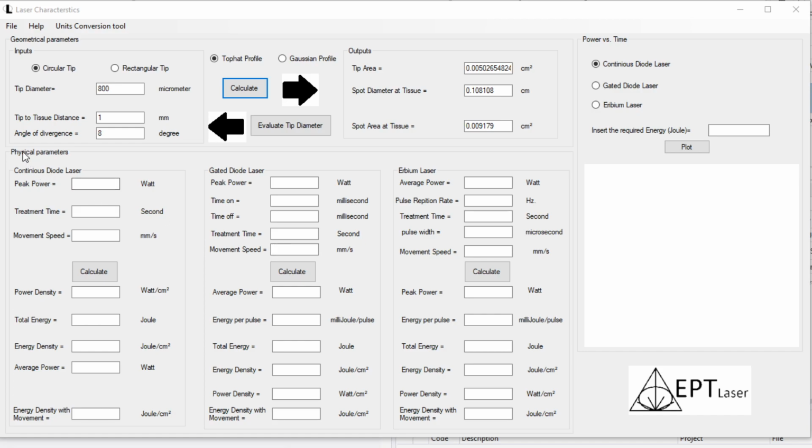The second main window is the physical parameters. This window could find the physical parameters for a continuous dye laser or a gated dye laser or an erbium laser. For example, I'll be doing a circular tip top hat profile for an erbium laser.